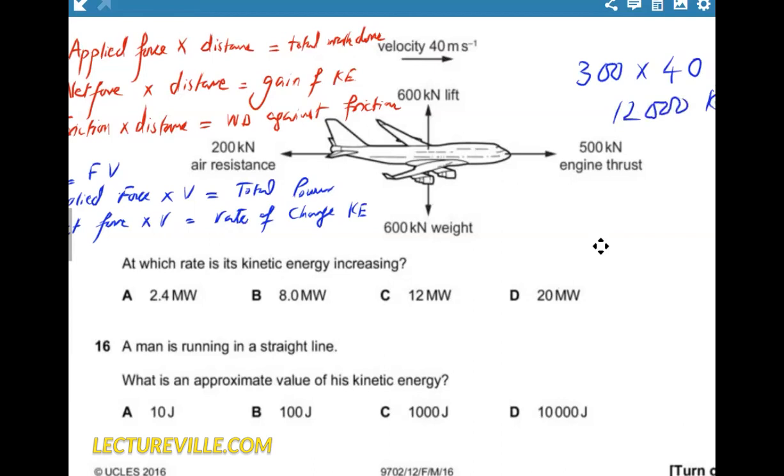That is 12 megawatt. And the answer should be C.